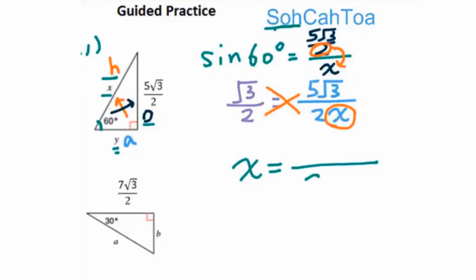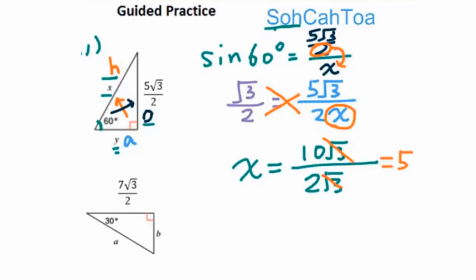That's why I will get 2 square root of 3. Then the top will be 2 times 5 square root of 3. That's 10 square root of 3. So reduce 10 divided by 2 will be 5.